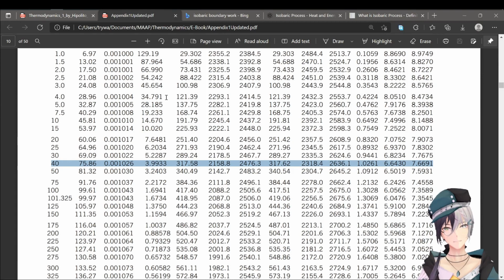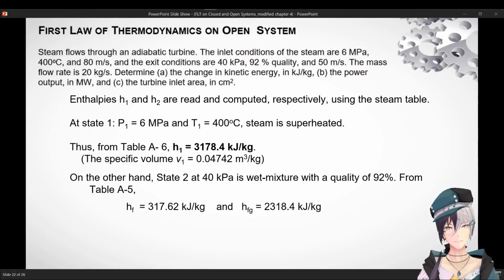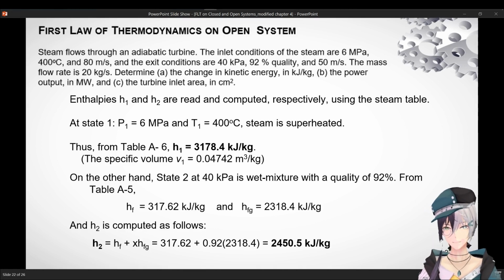And from this table, we get the values of enthalpy, h_f and h_fg. And we now compute for enthalpy 2, knowing that enthalpy at state 2 is this expression.